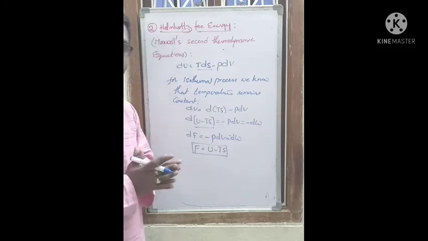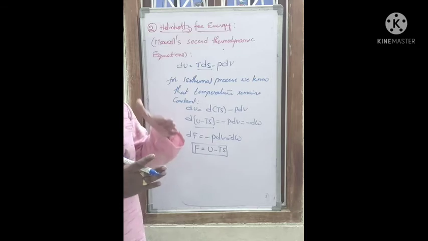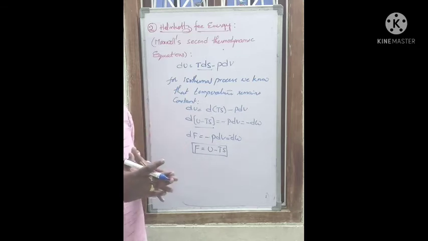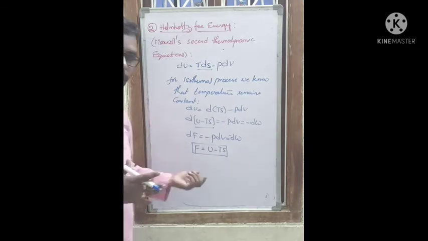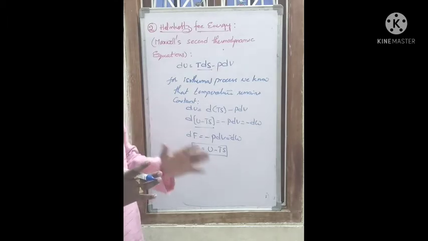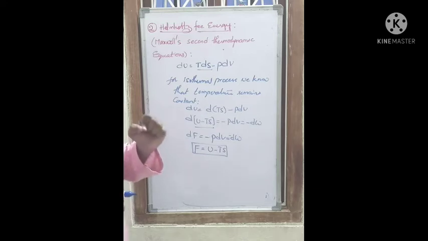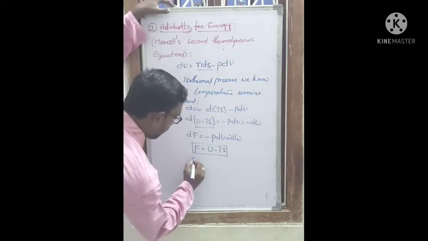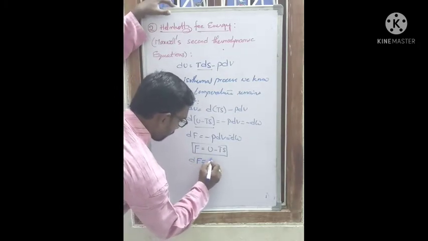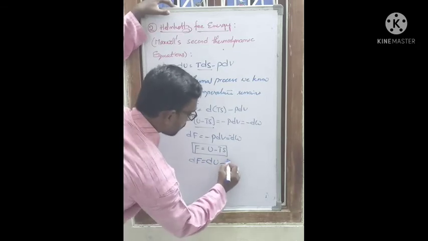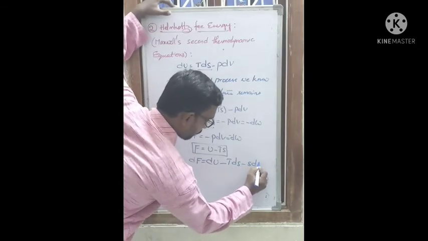When a system undergoes an infinitesimal reversible change from an initial equilibrium state to a final equilibrium state, the Helmholtz function changes by an amount given by dF equal to dU minus TdS minus SdT.